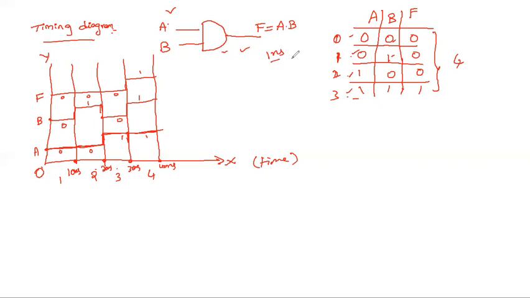Then at which time will the output come? From the 31st nanosecond only, the output will be 1. So this is F with delay. After 1 nanosecond, the output starts from here onwards.